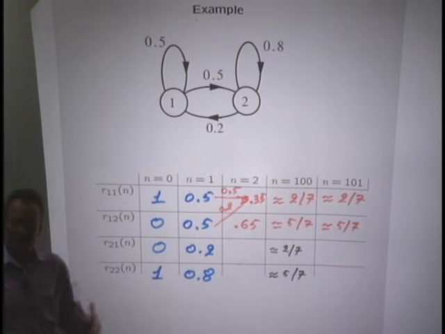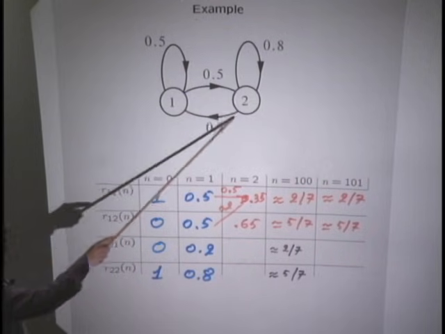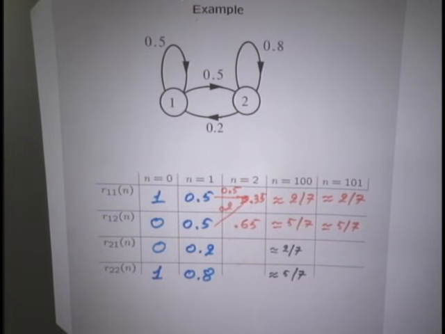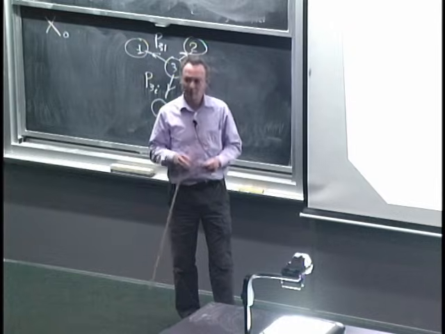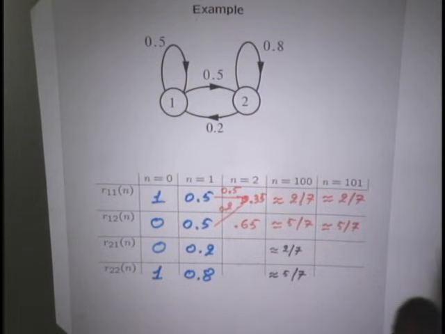So the initial state does tell you something. But in the very long run, transitions of this kind are going to happen, transitions of that kind are going to happen. There's a lot of randomness that comes in, and that randomness washes out any information that could come from the initial state of the system.